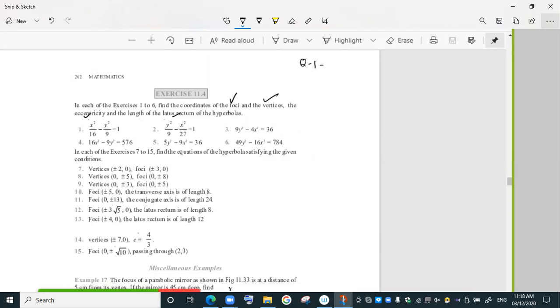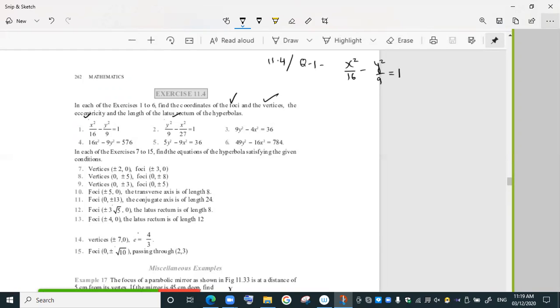As I told you, we first have to recognize which type of hyperbola this is. The first question is x square upon 16 minus y square upon 9 is equal to 1. So x square is positive and the right side 1 is positive. That means this is the first type of hyperbola. In this one, we have to compare the equations.